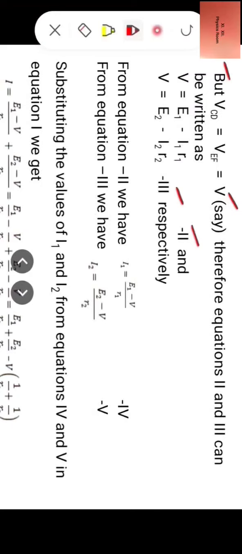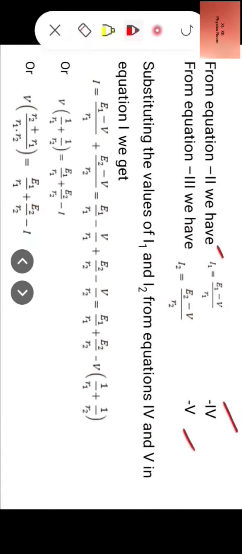Now from equation 2 we have I1 equal to E1 minus V divided by R1. Let us mark it as equation 4. And from equation 3 we have I2 equal to E2 minus V by R2. Let us mark it as equation 5.